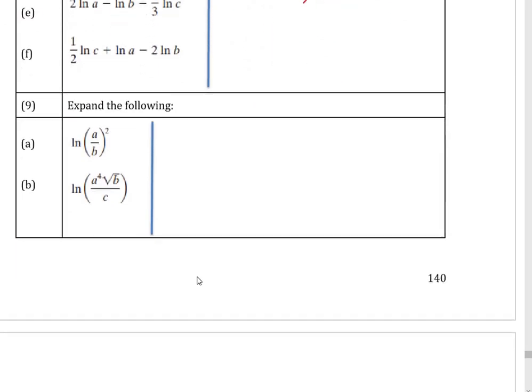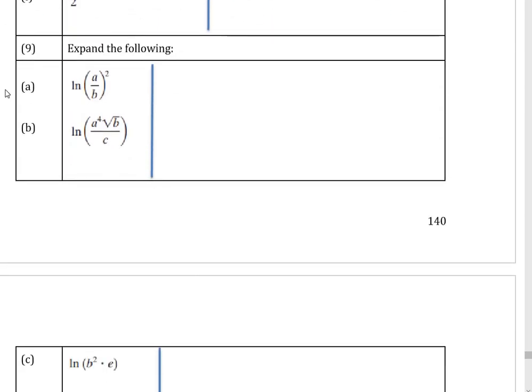Alright, so let us do number b here to expand. Remember there's not just one way, but I like to do the minus, the division, first. So I've got here ln a to the 4 b to the half. I can already write b to the half, because the square root is a power of half.